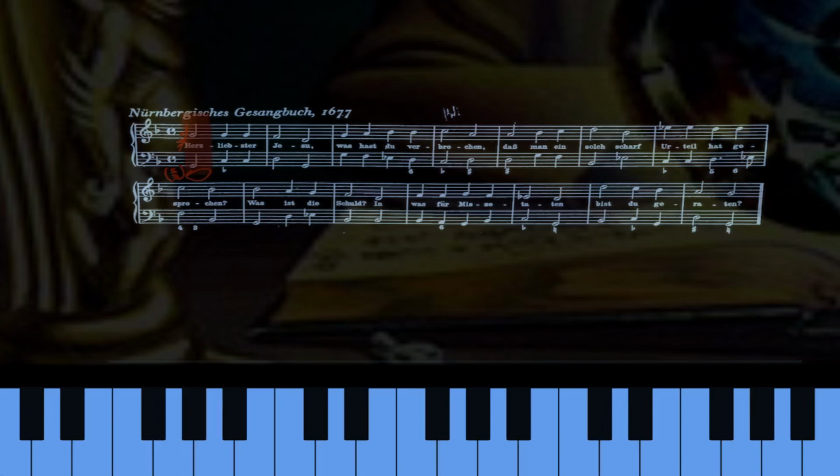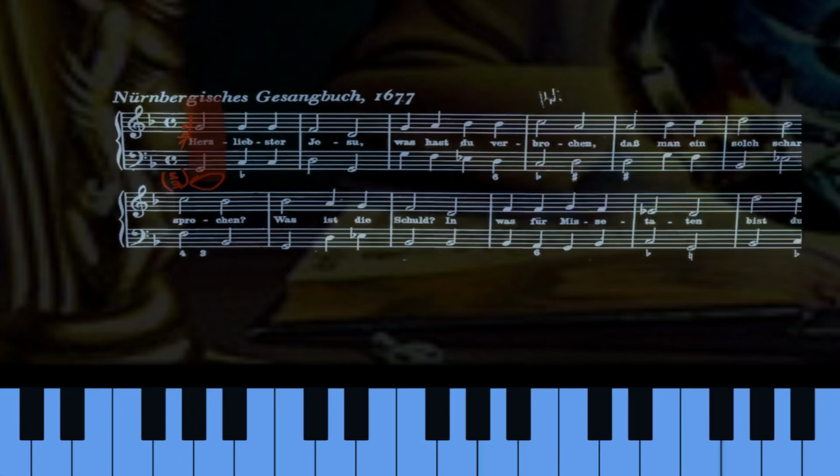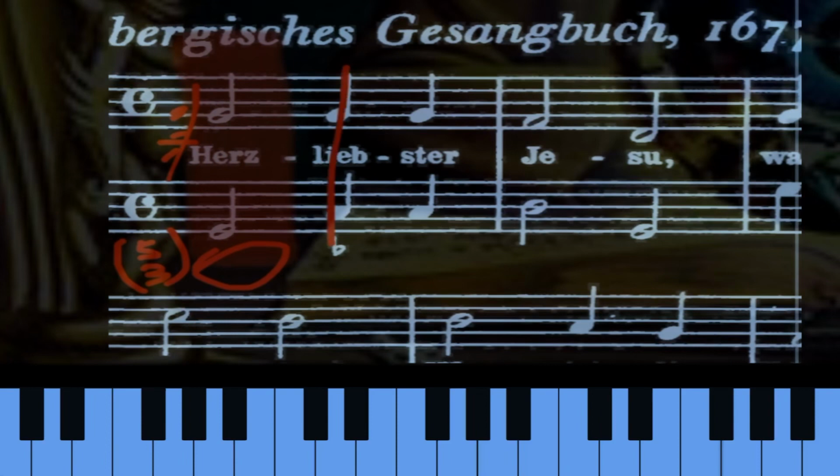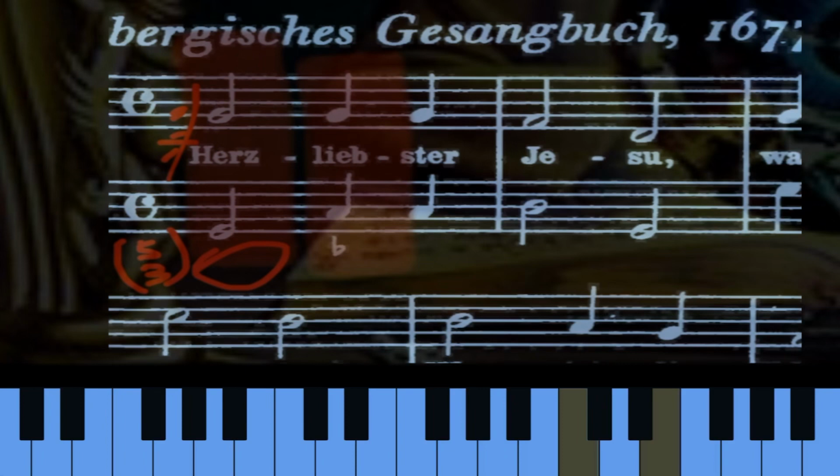So you have G minor, the first chord, and then the next chord is a C minor. Why? Because you have this flat sign below the C, and that means that the diatonic third will be altered below.